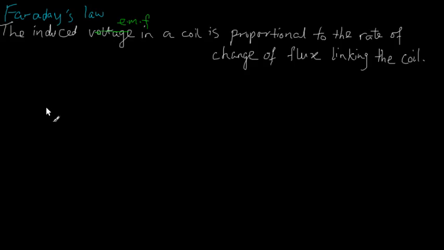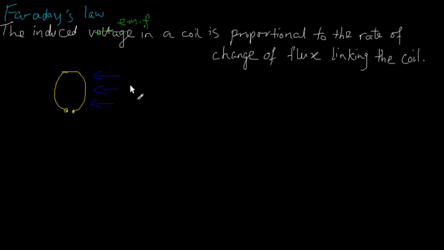Let's look at the other way in which a Weber can be defined. Suppose that I have a loop, and suppose that I have a magnetic field going through it.